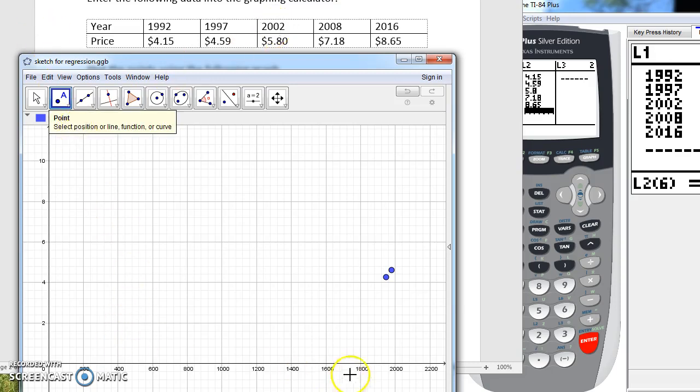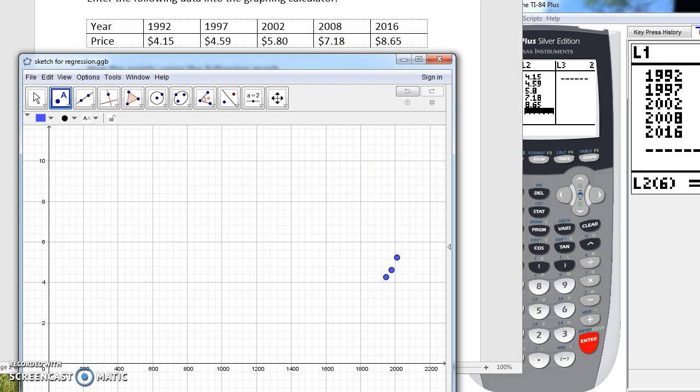2002 and $5.80, so 2002 is going to be just to the right of the year 2000, so like right here. And we said $5.80, so halfway between 4 and 6. You can see I'm using this axis here. Here's 4 and 6, so we're going to be just above halfway up that and pretty close to that 2000. So I'm going to put that kind of right here.